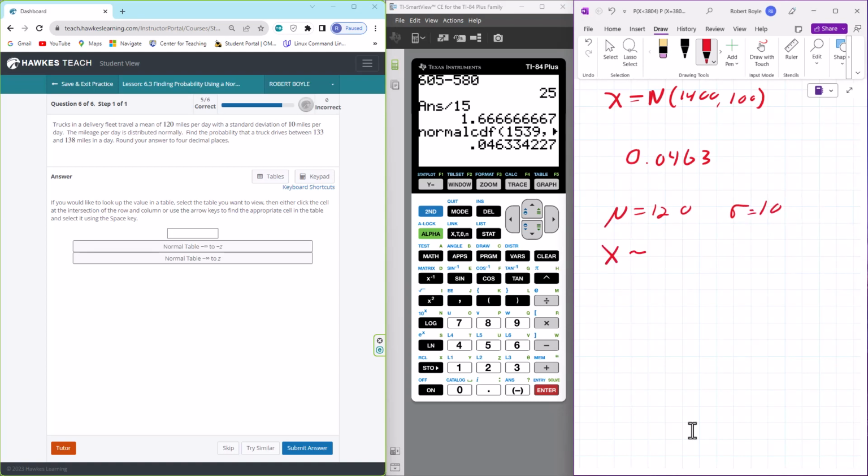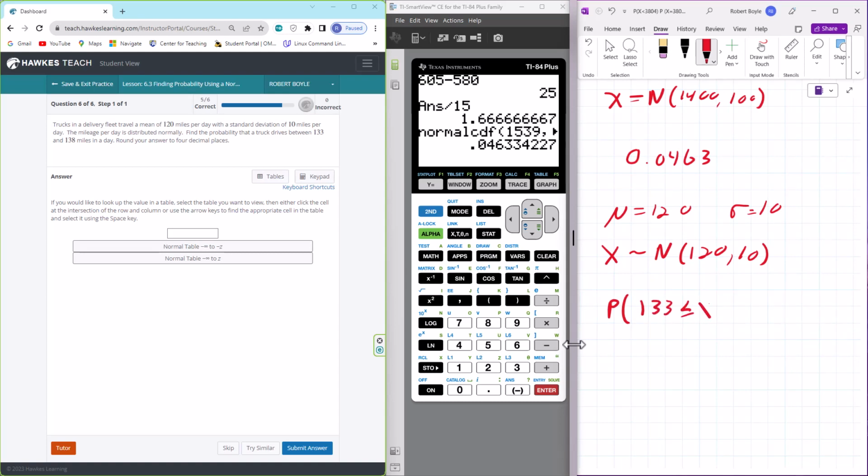As usual, we're going to call it x, which is a normally distributed random variable with a mean of 120 and a standard deviation of 10. The mileage is distributed normally, and we want to find the probability that x is greater than or equal to 133 and less than or equal to 138. And we want to do this using z-scores.